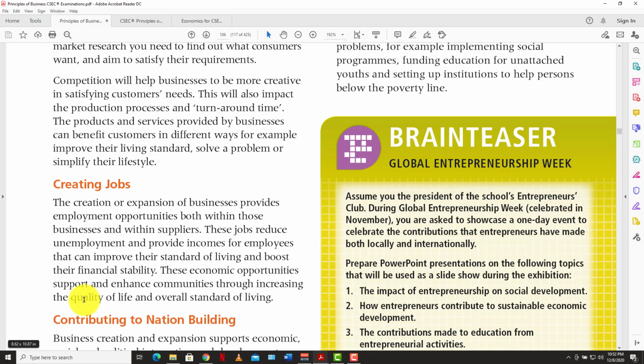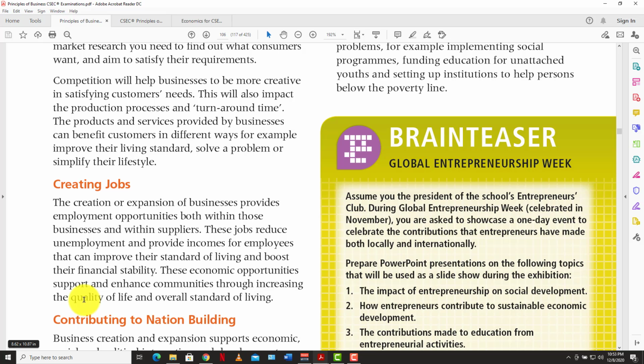And so of course employment will help to develop the people in the country, both on a social level, as in your quality of life, and on an economic level, as it relates to your standard of living.